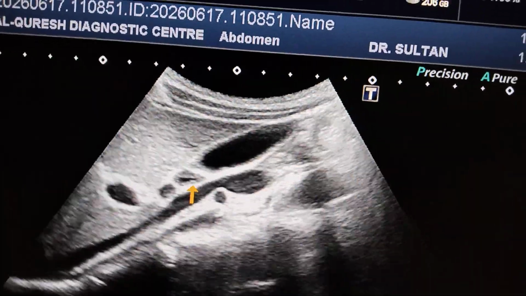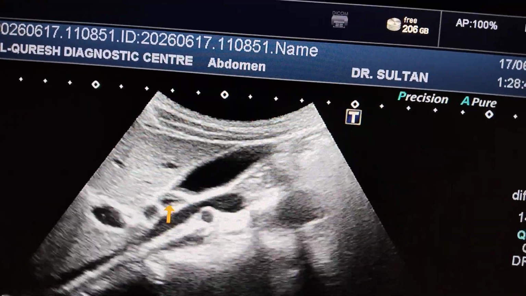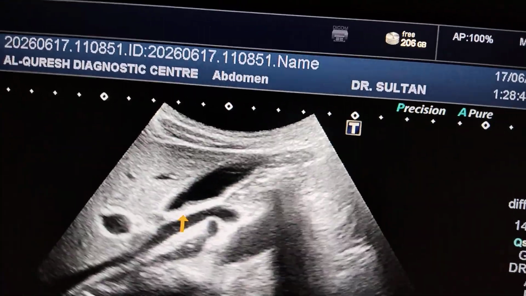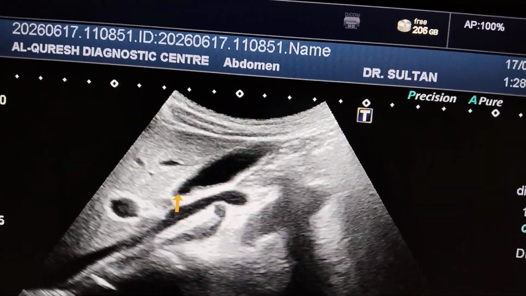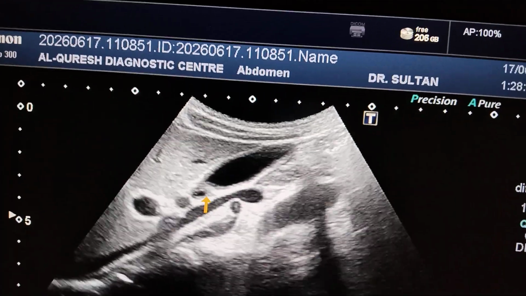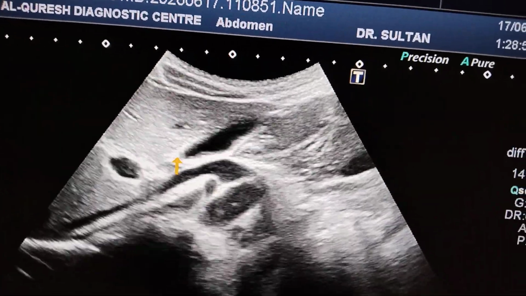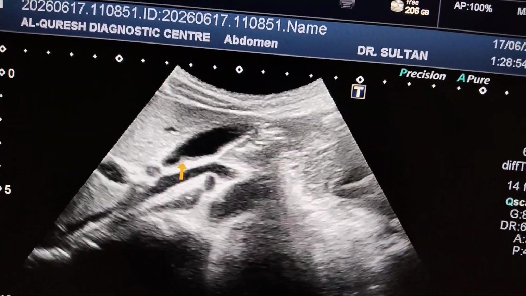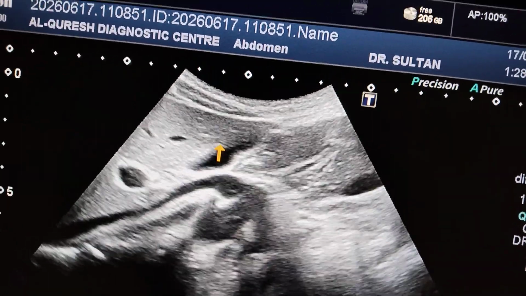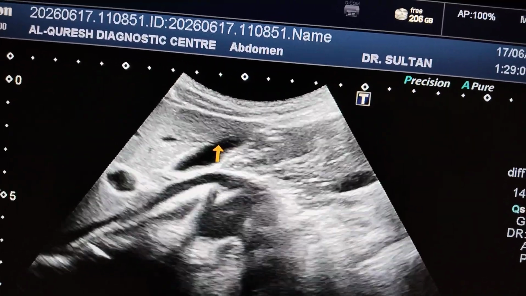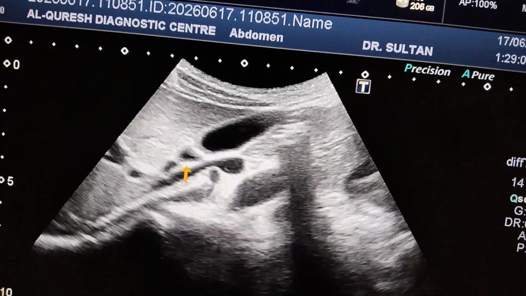Here is the Hartmann pouch, a small pouching where a stone mainly lodges and we may miss it. While the stone is lodging in the Hartmann pouch or the neck, it can obstruct the outflow of the bile, resulting in cholecystitis.